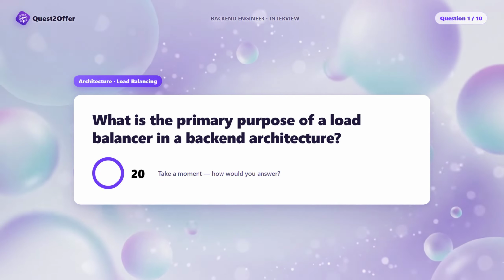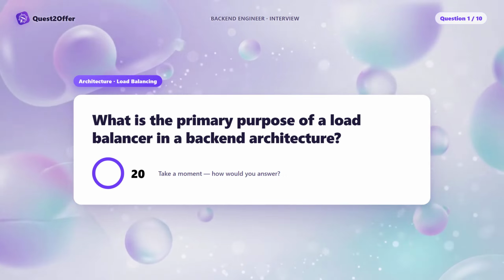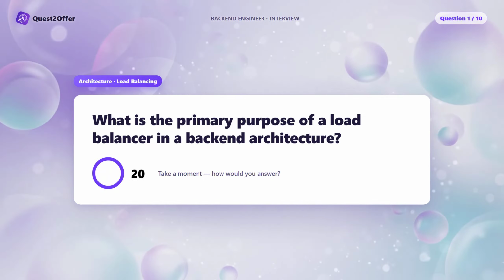Question 1. What is the primary purpose of a load balancer in a backend architecture?